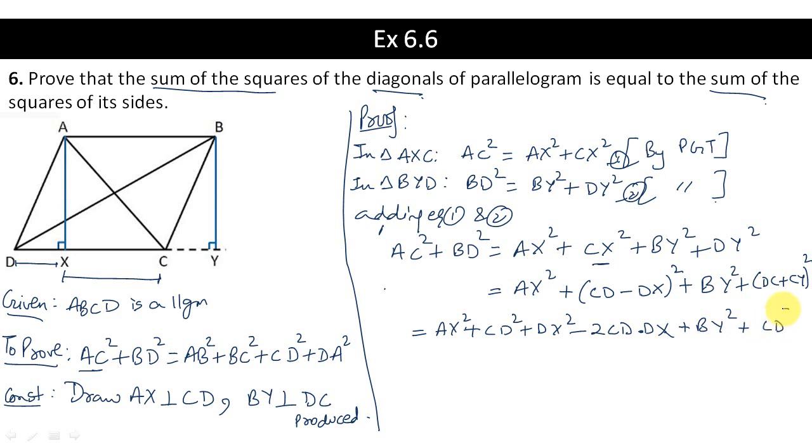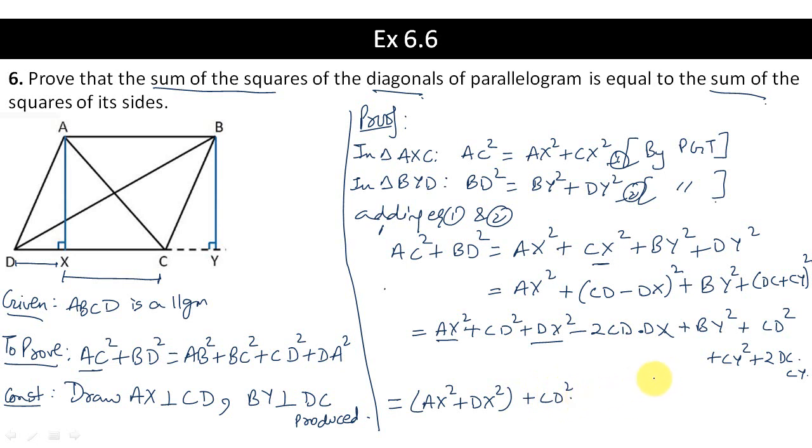So A square plus B square plus 2AB, 2 times DC into CY. Now we will pair AX square plus DX square, these two terms. Okay. CD square will remain same.